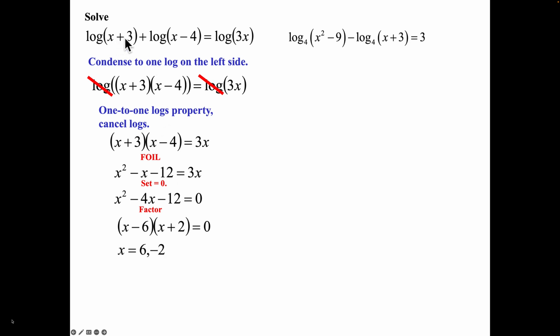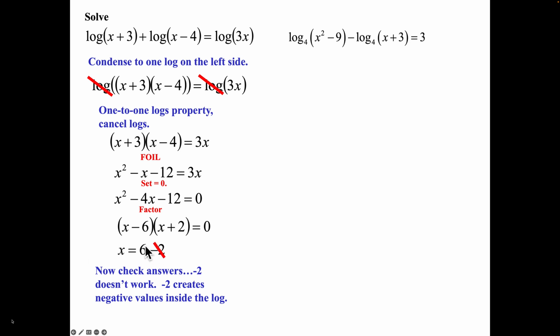Negative 2 plus 3 is 1. That's okay. Negative 2 minus 4 is negative 6. That's not okay. 3 times negative 2, negative 6. Not okay. So our problem here is that negative 2 will not work.